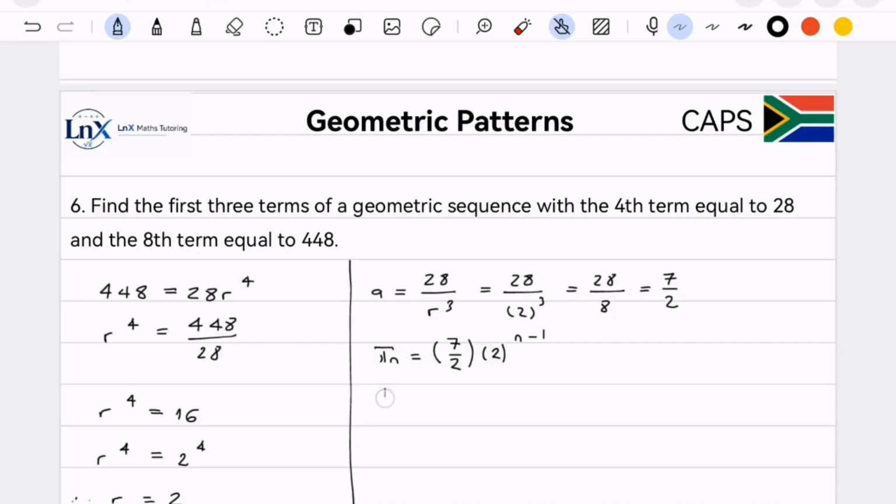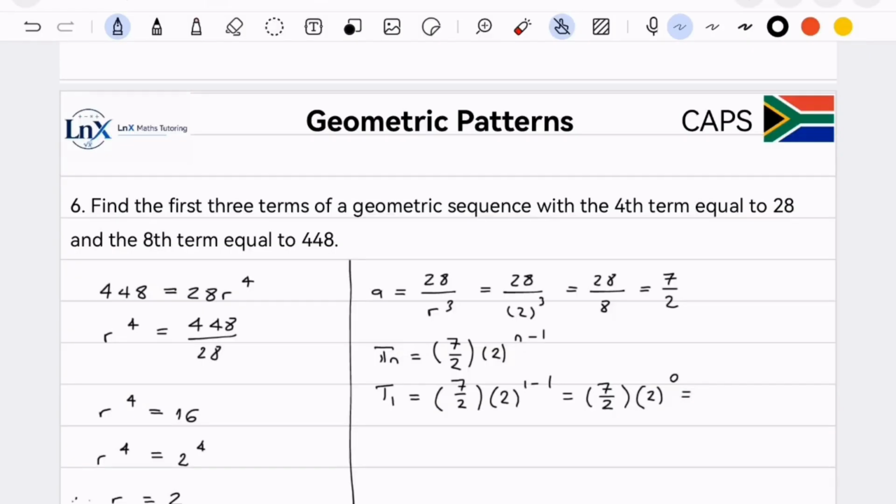So T1 is going to be 7 over 2 times 2^(1 minus 1). So we're going to have 7 over 2, and we know this is 2 to the power of 0, right?